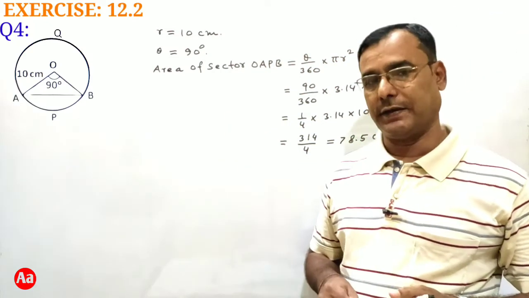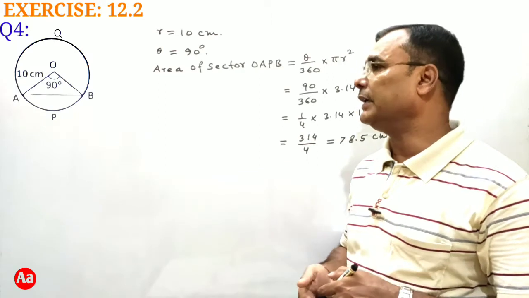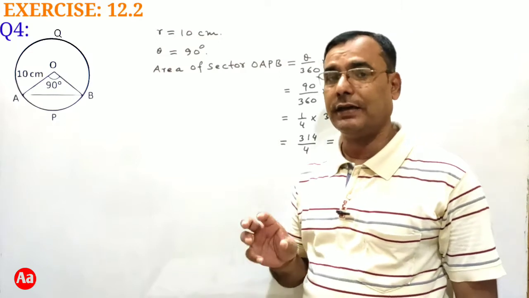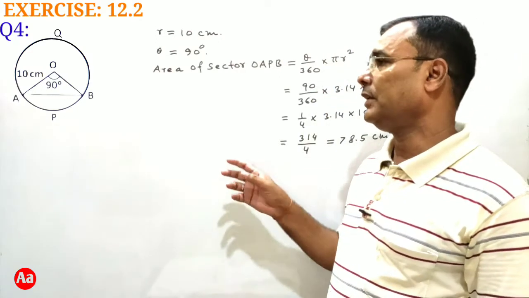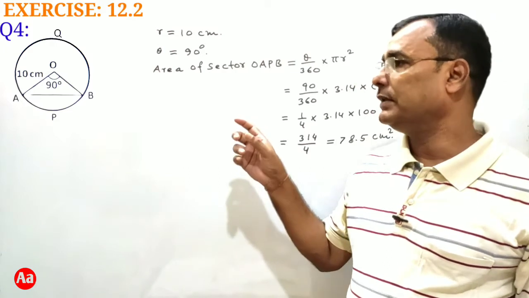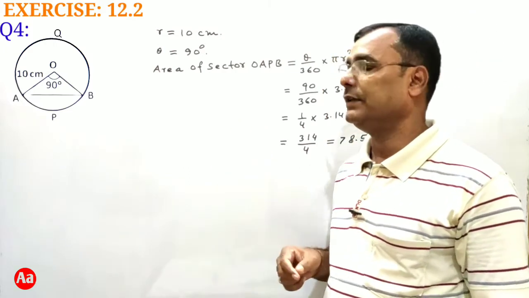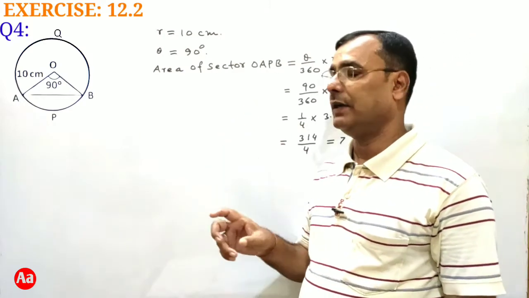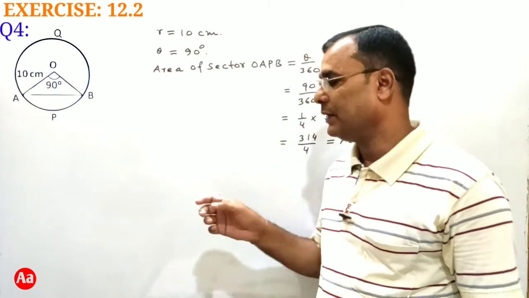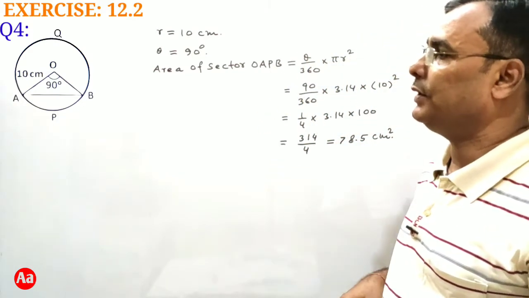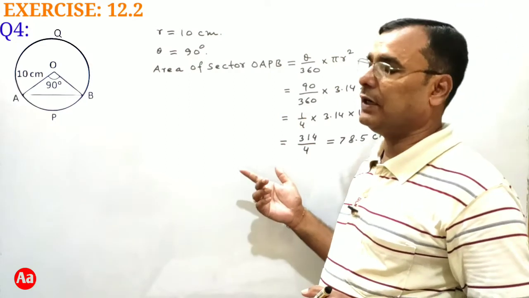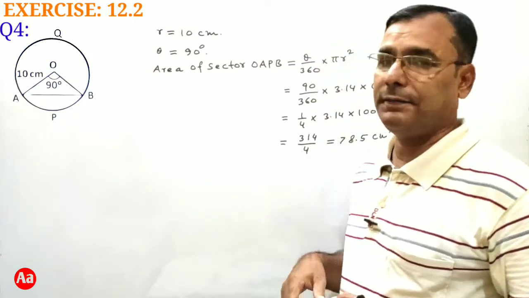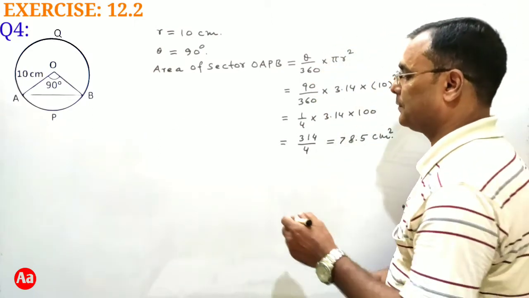Now we can find out the area of triangle OAB, which is actually a right triangle with two sides OA and OB equal to 10 centimeter. So this OA and OB are the base and perpendicular. So the area of triangle OAB we can find using half into base into height. So after this let's calculate the area of minor segment APB.